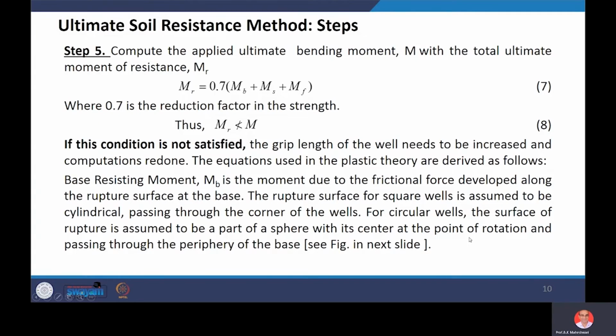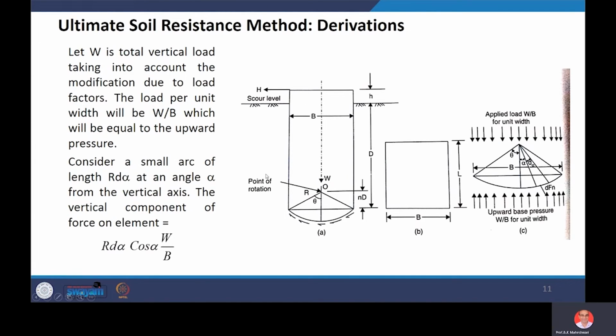So it is explained in this figure. You could see what is shown in this figure. You have a cylindrical well. The depth of the well is capital D, and H is the height of the scour level from the ground level, small h. Then O is set as the point of rotation, and R is the radius of this cylindrical well, and this point of rotation is at a height ND, where N is normally 0.2 as discussed later also.